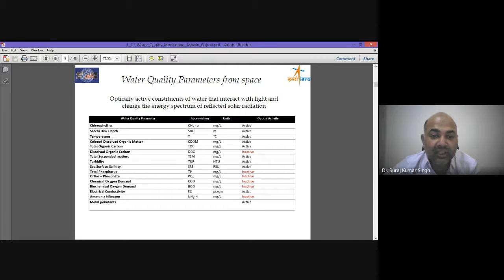Then you have depth, temperature, color, dissolved oxygen, total organic carbon, TDS, turbidity, total phosphate. All these water quality parameters have to be quantitatively measured using satellite remote sensing.